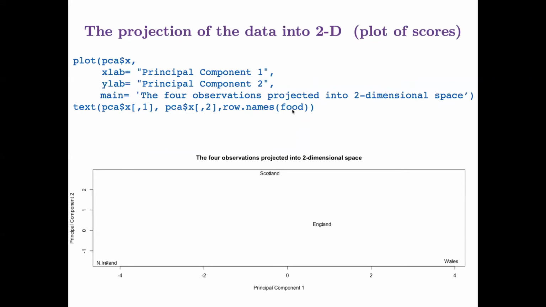Now, from this graph, there's not a whole lot I could intuit. I would know that England is more like Scotland than Wales is, because England is closer to Scotland in the projection than Wales is. And the same with Northern Ireland. So Scotland and England look like they're probably the most similar here, followed by England and Wales.